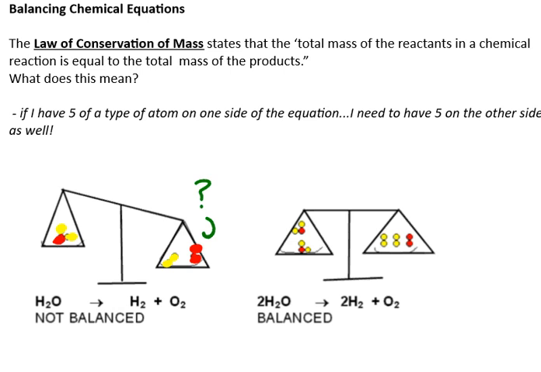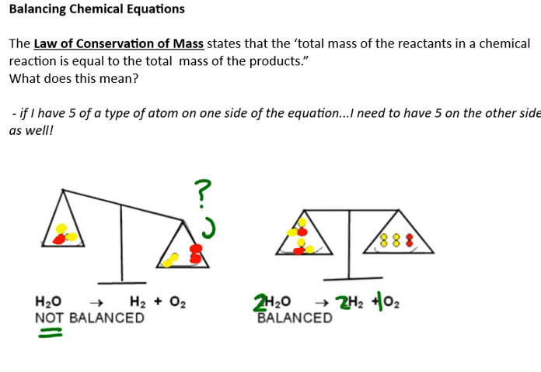This side of the equation would be heavier. There are more of it. It would weigh more. That's how we know it is not balanced. When we put the coefficients in front of each species, you can now see that when 2 water molecules react, there are 2 red oxygens, and we have 1, 2, 3, 4 yellow oxygens.